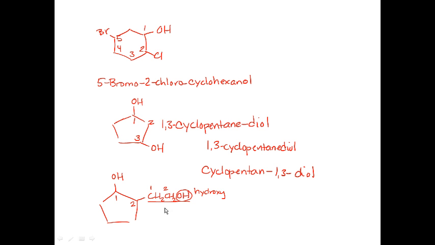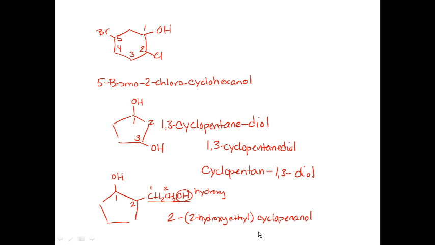And the actual name of this molecule would be 2, and then in parentheses the complex substituent name, which would be 2-hydroxyethyl, and then cyclopentanol. That would be the IUPAC name of this, including the name of the complex substituent.